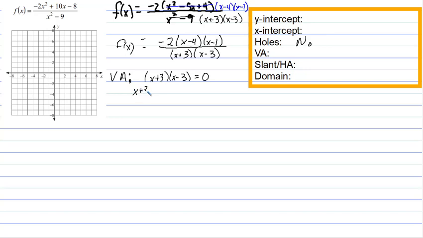So either x plus 3 needs to equal 0, or x minus 3 needs to equal 0. So x is either equal to -3 or positive 3. So my vertical asymptotes are at those two locations. And so I can come over here and graph my vertical asymptotes.